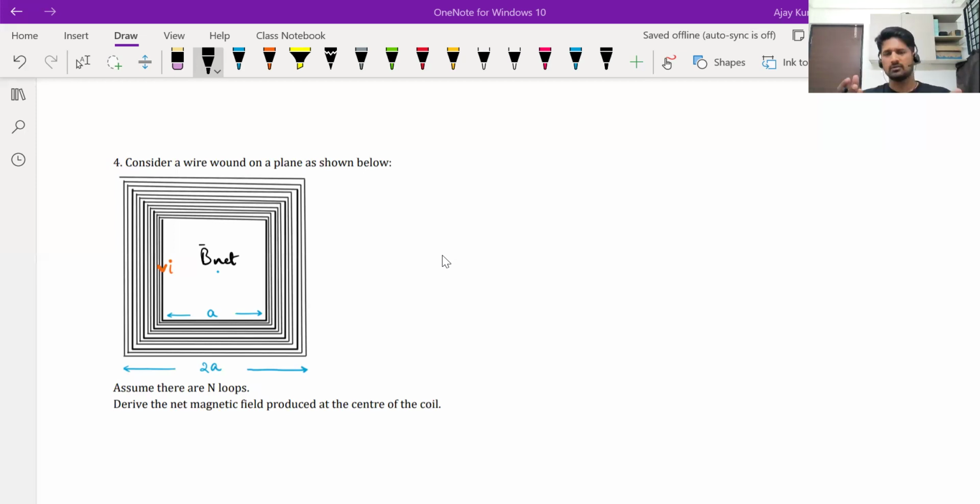Do you know the magnetic field at the center of a square loop? Is it just 4 into mu naught I by 2 pi into a by 2? No, these are not infinite wires.